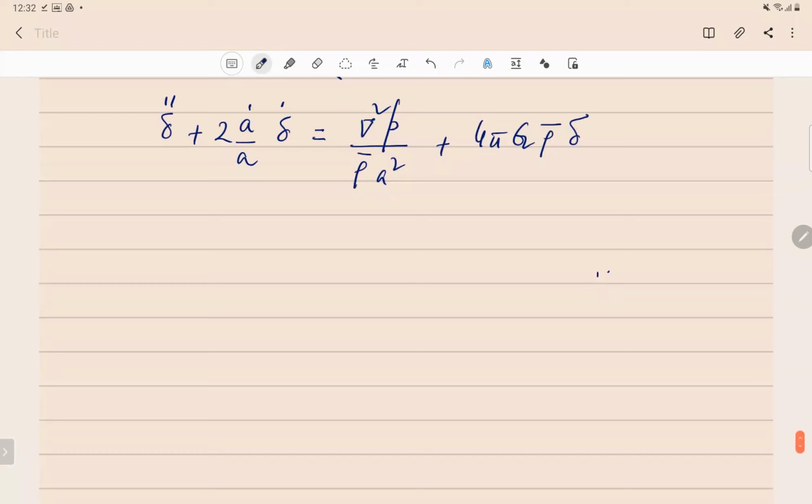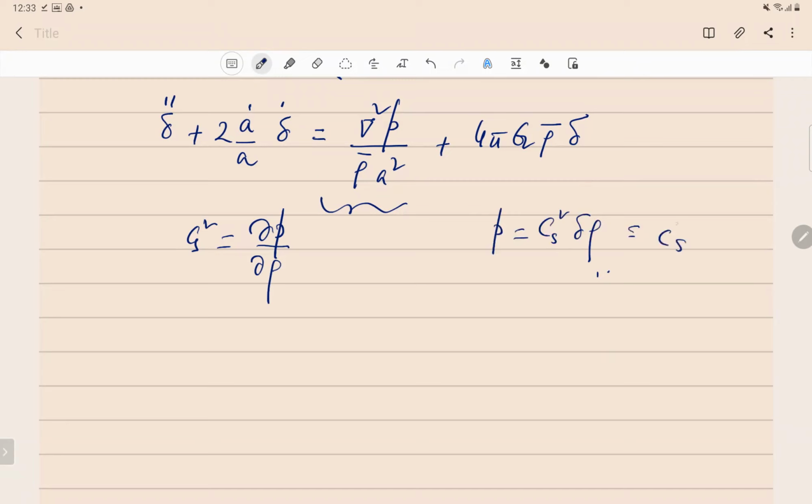So let us study this equation. Now we'll take into account this pressure term. And we saw that you can define a sound speed, c_s square, defined as del P by del rho. So this P over here, you can write as c_s square delta rho, which equals c_s square rho bar delta. So with that, this equation can be written.